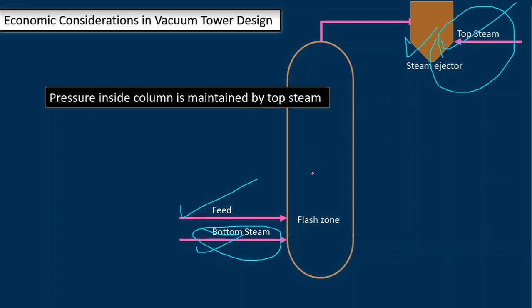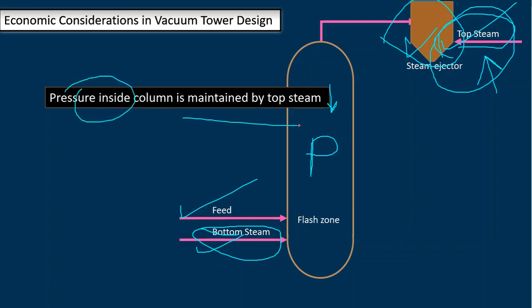To maintain the pressure inside the column, and that pressure is because of the steam ejector, we all know, this steam ejector is maintaining the pressure because of the top steam. If you are increasing more and more steam, then you can lower the pressure in this system. So overall we have to know that the pressure inside the column is maintained by the top steam.